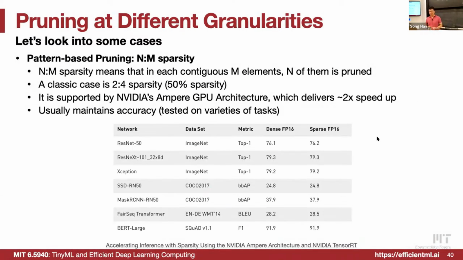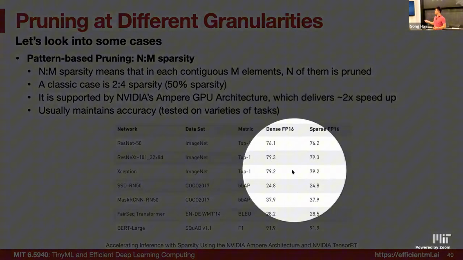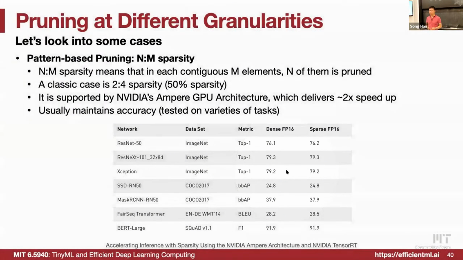It really maintains accuracy well. This is the test of accuracy across different benchmarks, like ResNet-50, Xception, BERT, etc., comparing the dense accuracy versus the sparse accuracy. You can see it's pretty much the same, 76.1, 76.2. The accuracy is pretty well maintained using this 2 to 4, roughly 50% sparsity ratio.